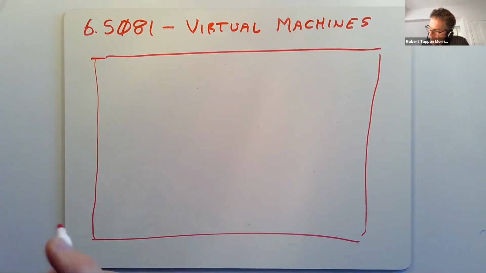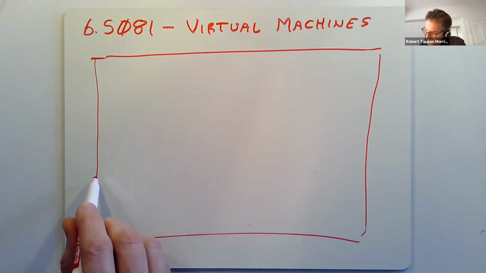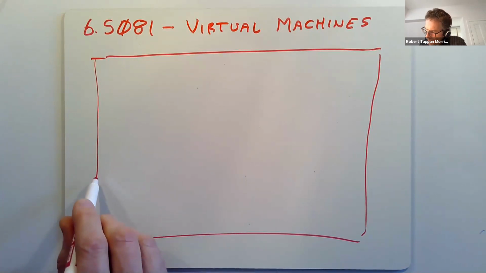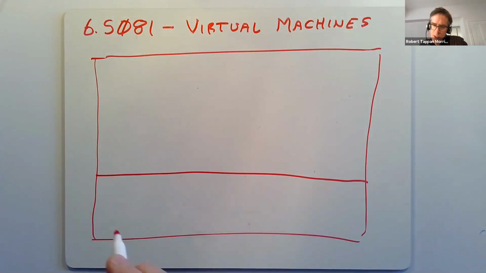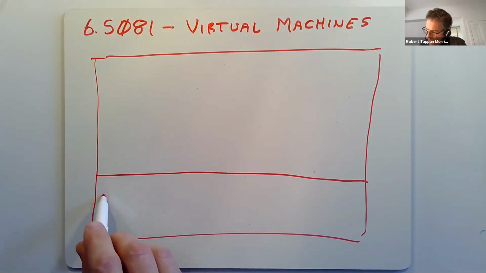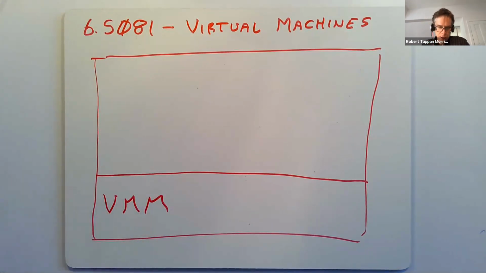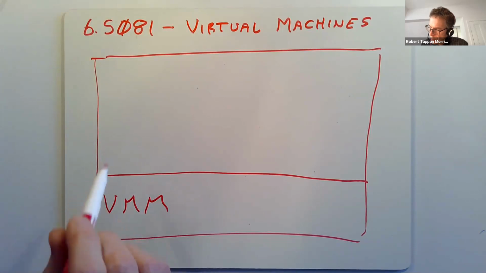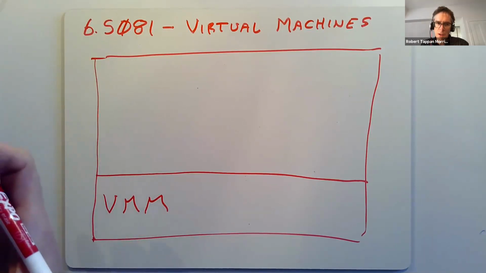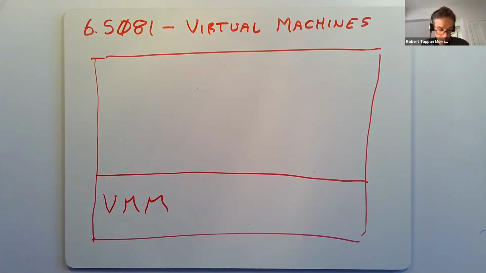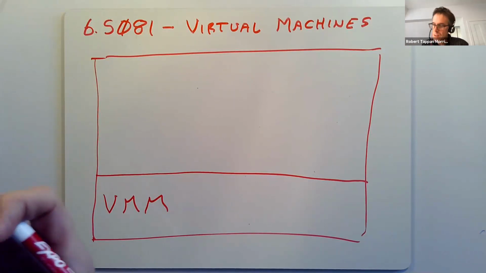The way I'm going to talk about it is that down at the lowest level, sitting on top of the hardware, we're going to imagine a virtual machine monitor, or VMM. And this more or less takes the place of a standard operating system kernel. The virtual machine monitor's job is to simulate a bunch of computers for guest operating systems.